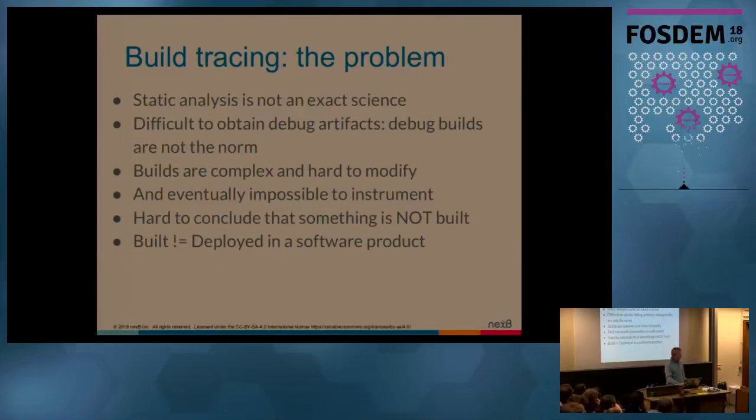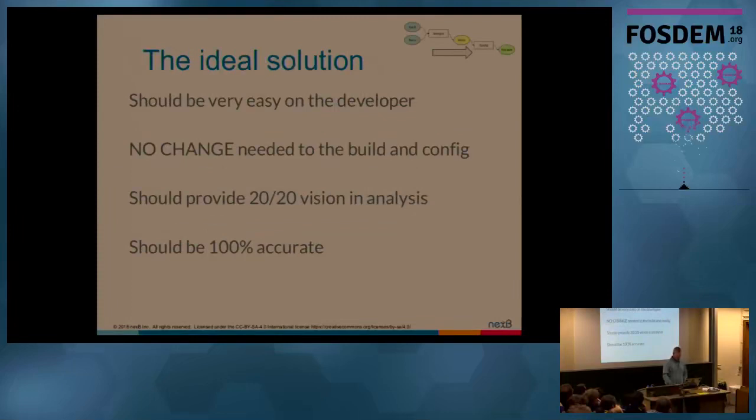So, any questions? Is the context clear for everyone so far? Okay. So the ideal solution should be very easy on us, requiring absolutely no change to the build and configuration. It should be 100% accurate and allow me to really understand everything about the build.